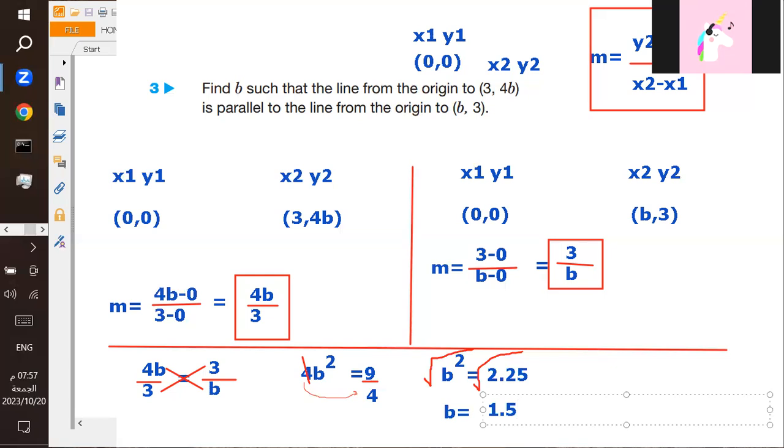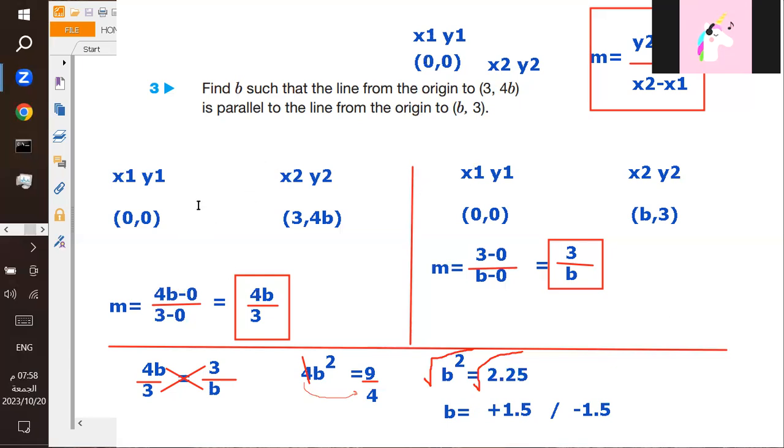Because I don't know if it's positive or negative, it's positive or negative 1.5. Some people write it like this. So b here might be 1.5 positive or 1.5 negative. We don't know, but it's one of these answers. And this is how you find b.